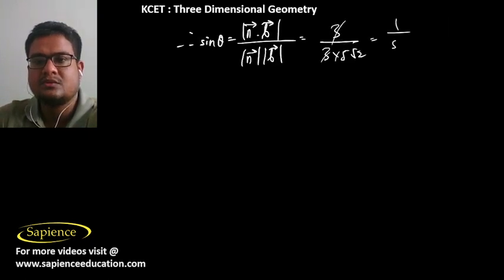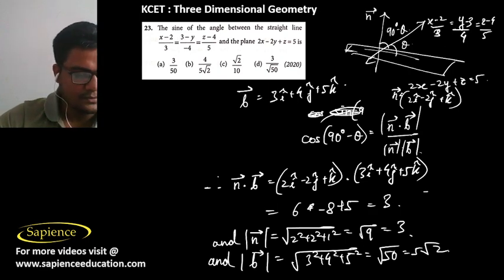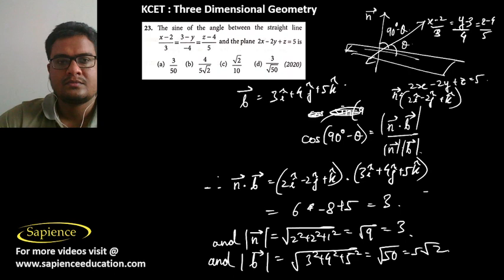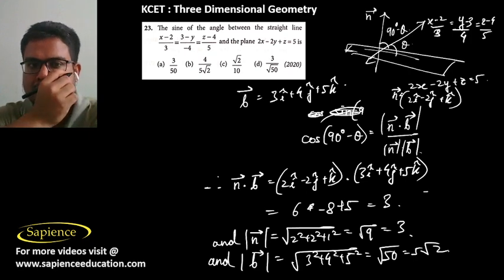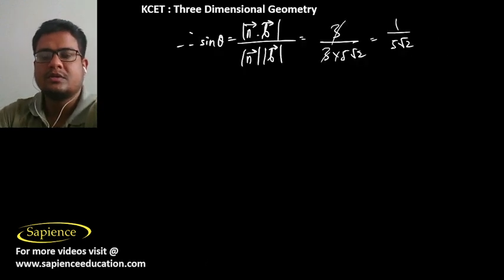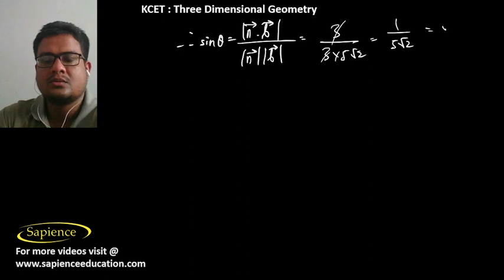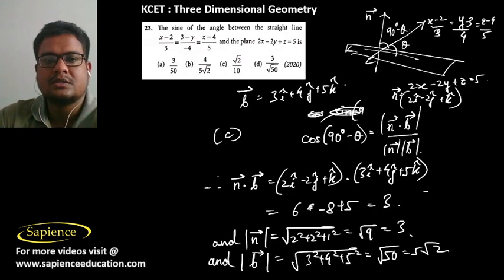So this is equal to 1 by 5 root 2, or I can write root 2 by 5 into 2, root 2 by 10. Option C is the correct answer.